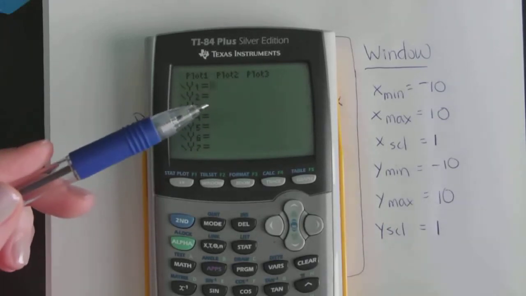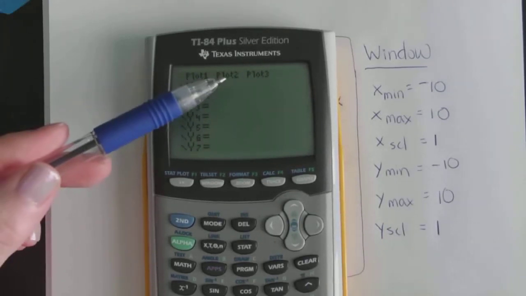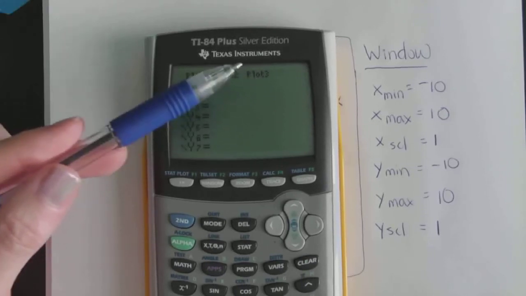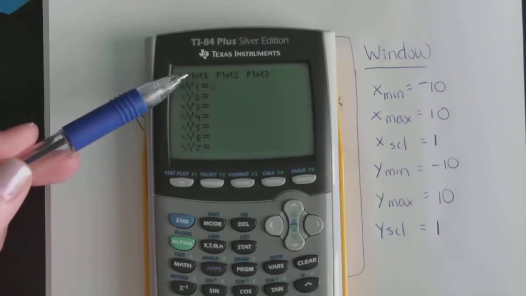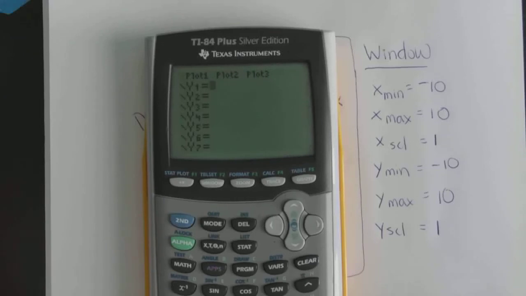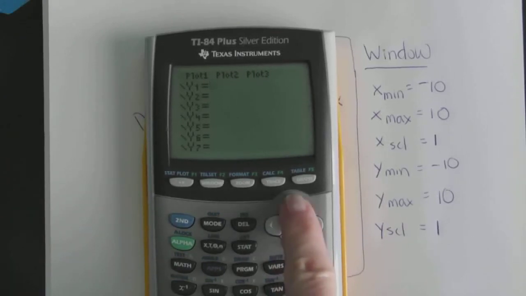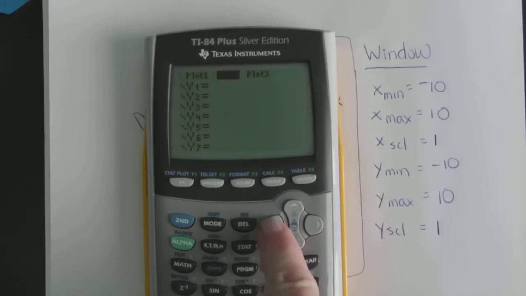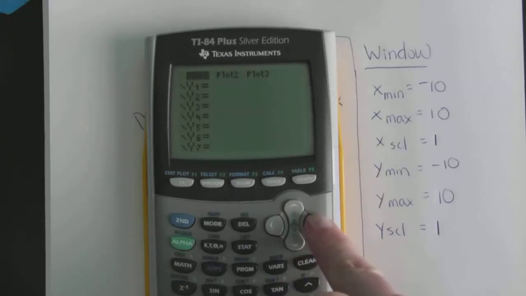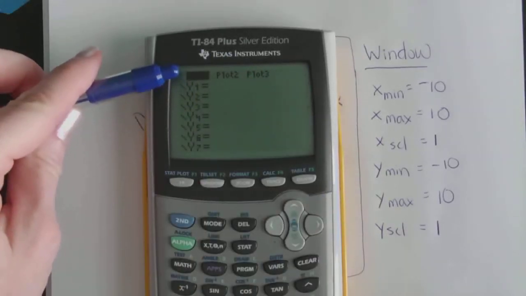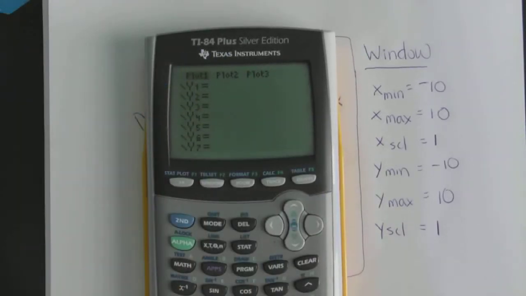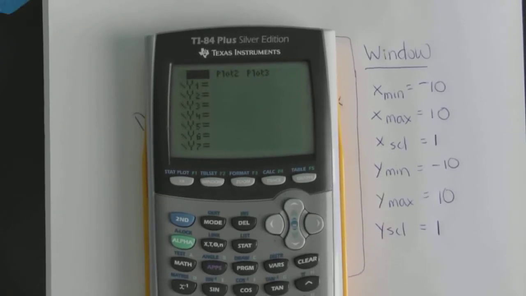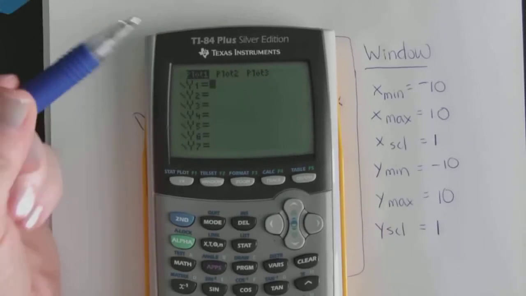The other thing I need you to pay attention to, especially if your calculator is used, you see these words up here, plot 1, plot 2, plot 3. If any of these are highlighted, I need you to turn them off. To do that, you're going to use your up arrow right here to come up to any of these, and you can move around with your left and right arrows. If it is highlighted, you're going to let it blink over top and then press Enter to unhighlight it.